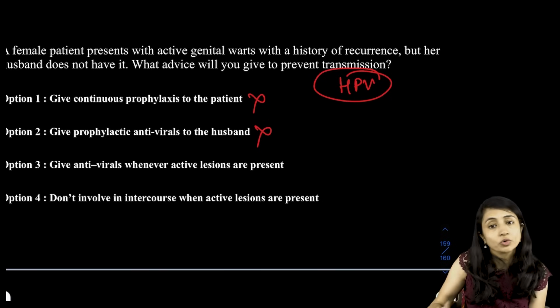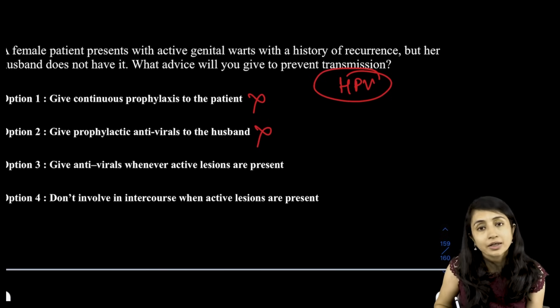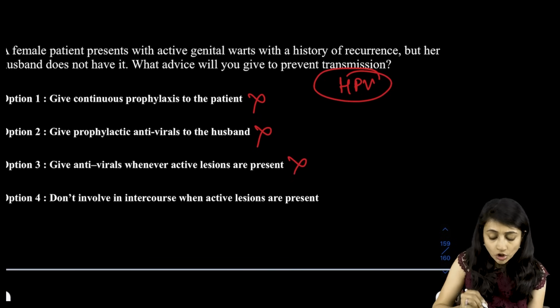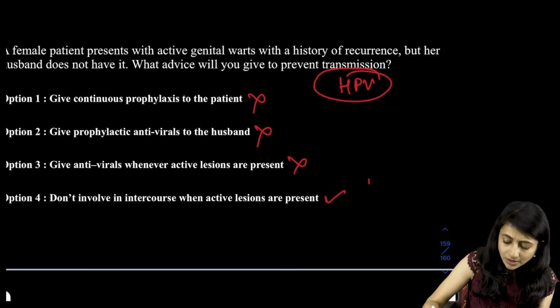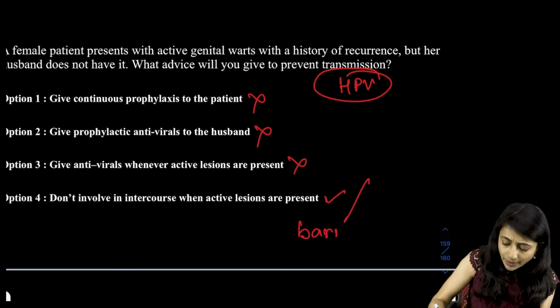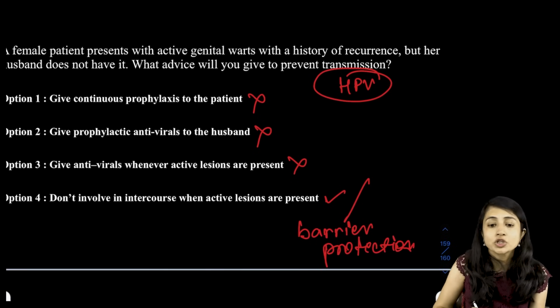Again, does not work. We know there is no antiviral for HPV. Give antivirals whenever active lesions are present. Again, not valid. Do not indulge in intercourse when active lesions are present. This is correct. Or use barrier protection. Any of these answers would be correct. Use barrier protection or do not indulge in intercourse when you have active lesions.